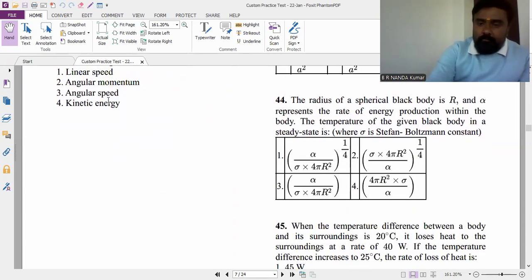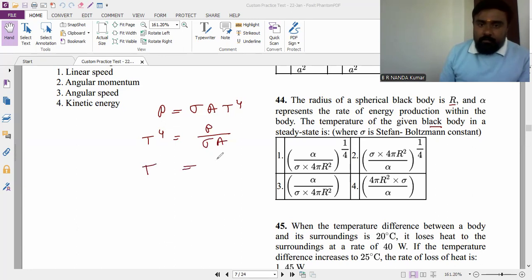The radius of a spherical black body is R. Alpha represents the rate of energy production. Actually here P is equal to sigma A T power 4, we must use Stefan-Boltzmann's law. So we need to find the temperature of the given black body, T. T power 4 is equal to P divided by sigma A. So T is equal to, P here is alpha, keep sigma as it is.